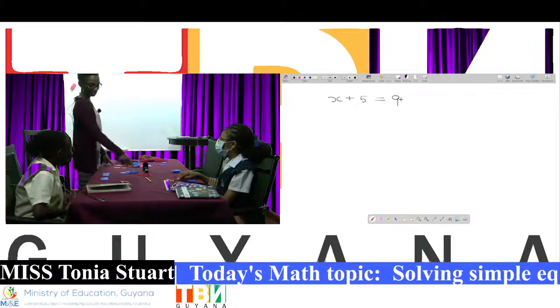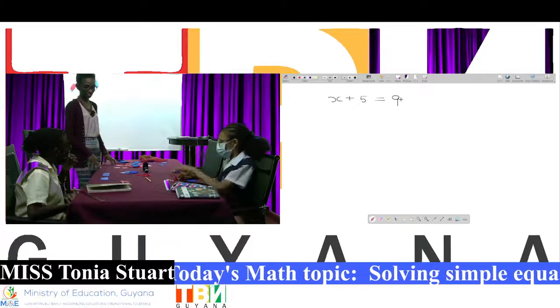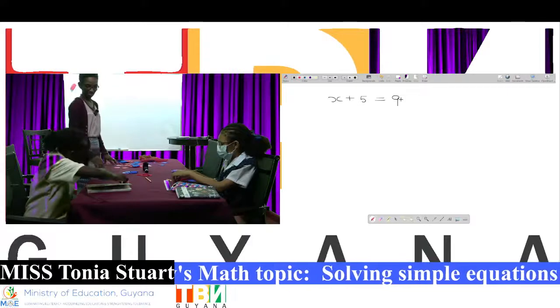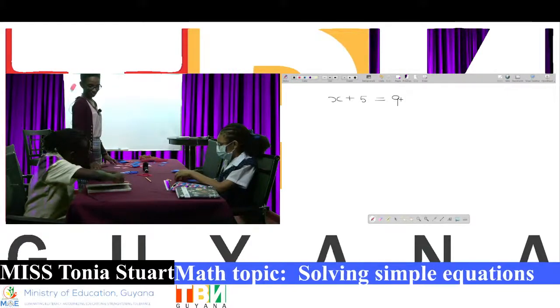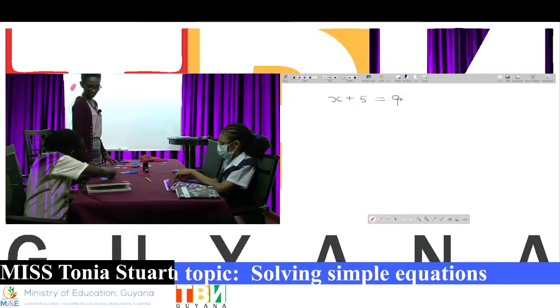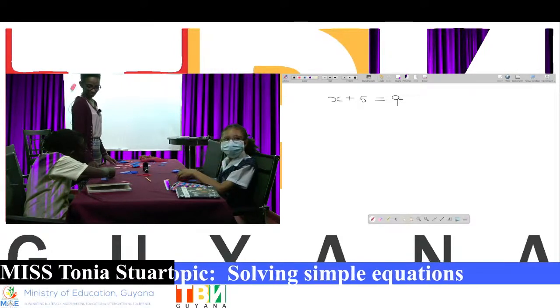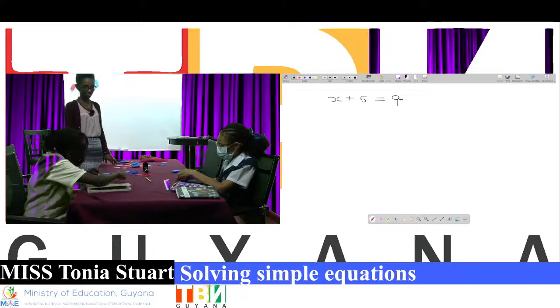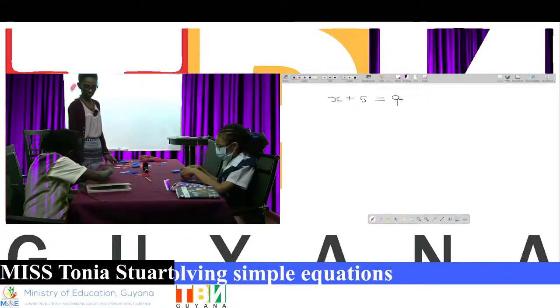So my red tiles now are going to represent, so put 5 of the red with this set. So these are going to cancel out. All right, 2 more. Great. Come on, 2 more. All right, so we know this is 0.